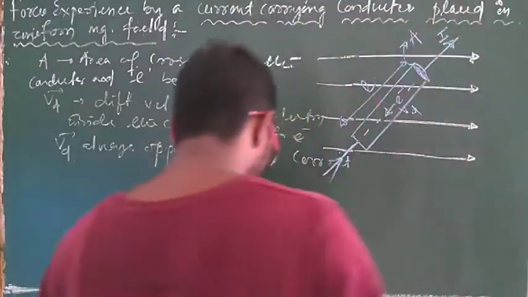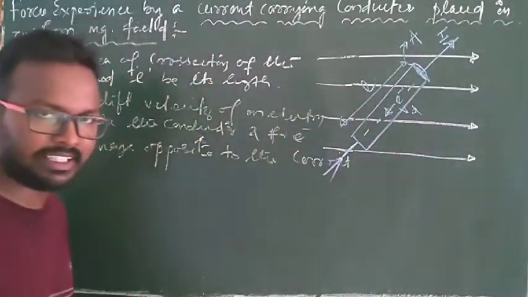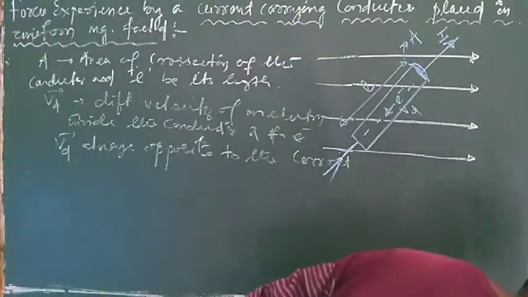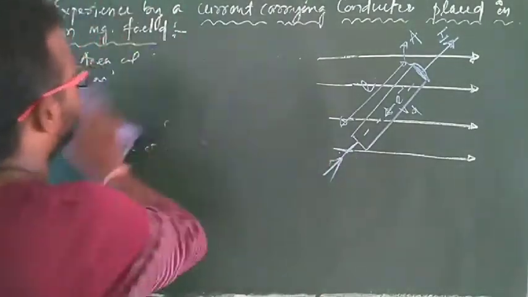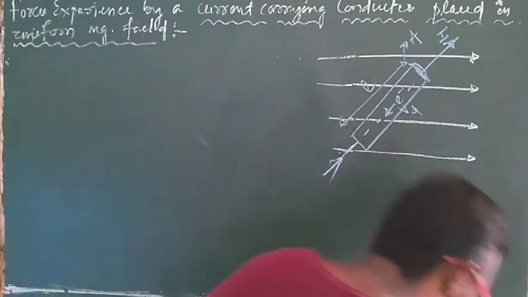So we know, if we place a moving charge particle inside a uniform magnetic field, then the charge particle experiences a force, and that force can be derived.